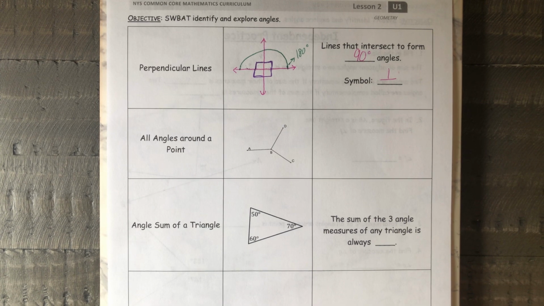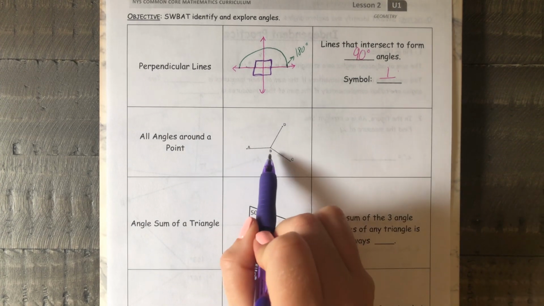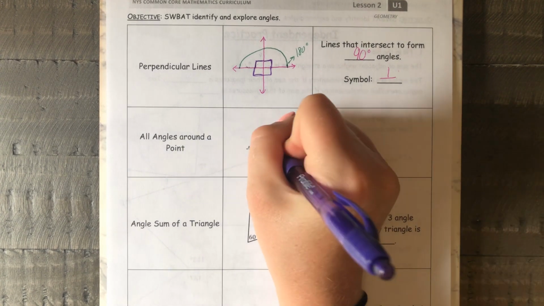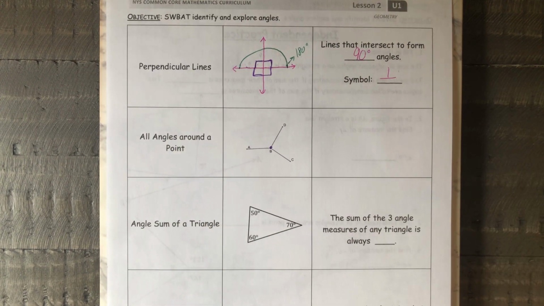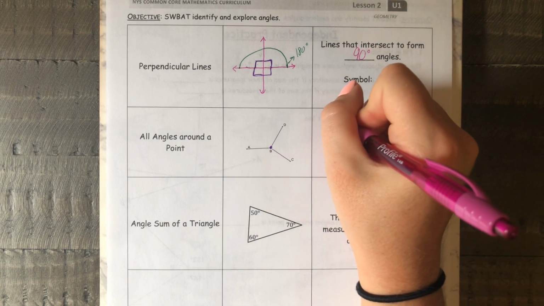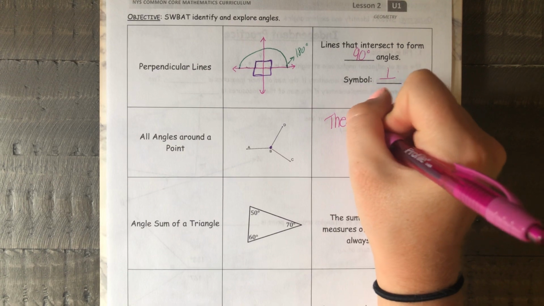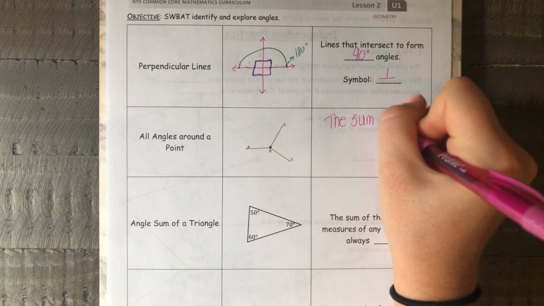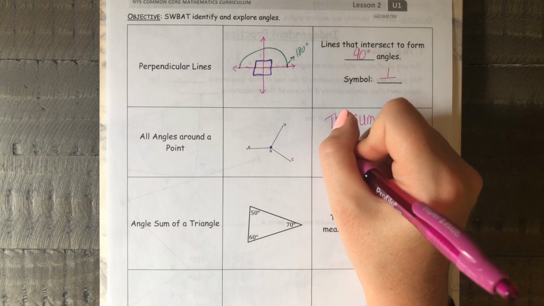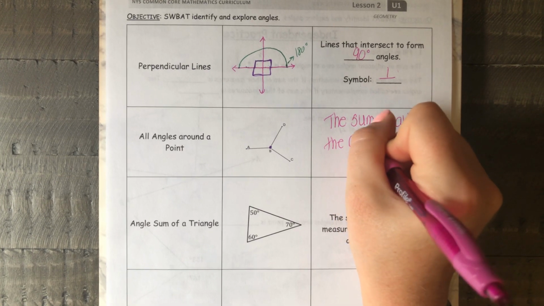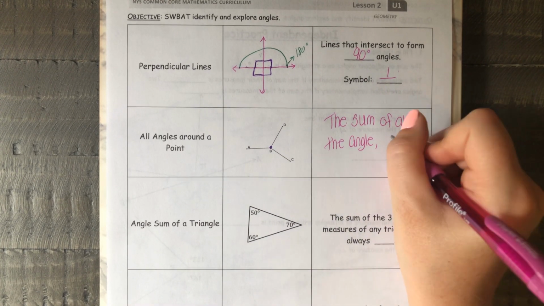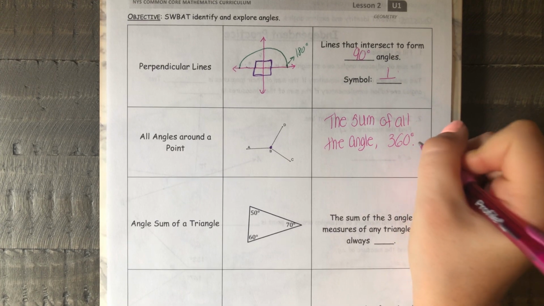Might be getting a little ahead of myself, but I just want to give you all the information now. Okay, next, all angles around a point. I can see that I have a point in the middle here. It's going to be point B. The definition for all angles around a point is that when I find the sum of all the angles, it's going to equal 360 degrees.